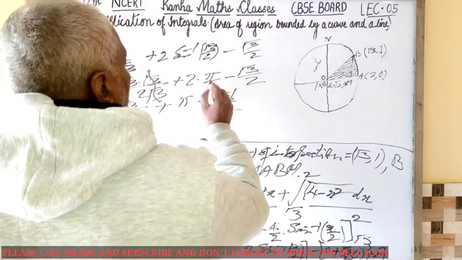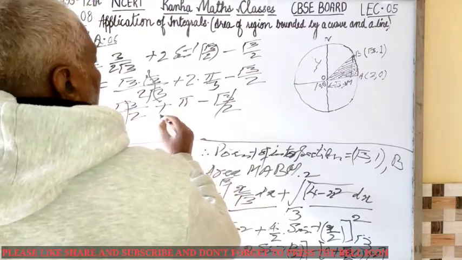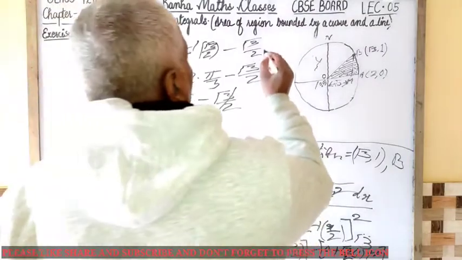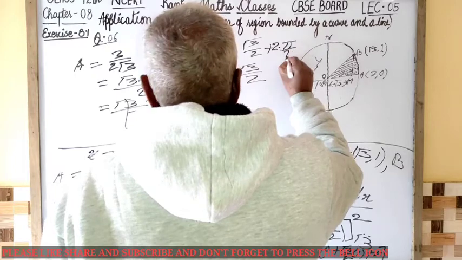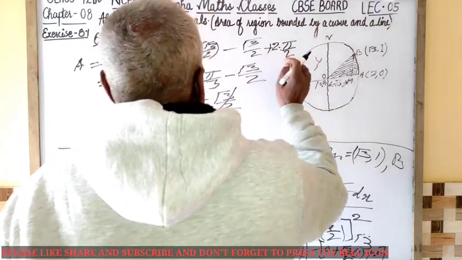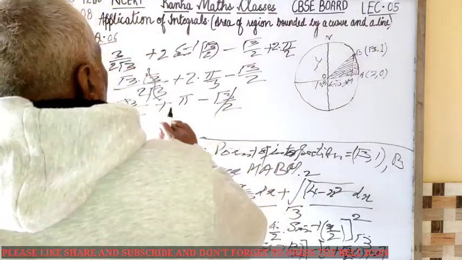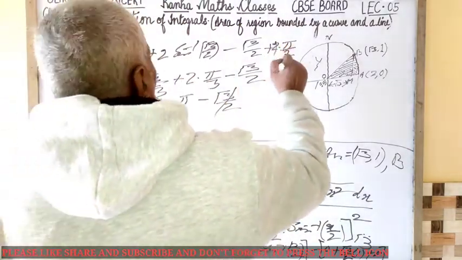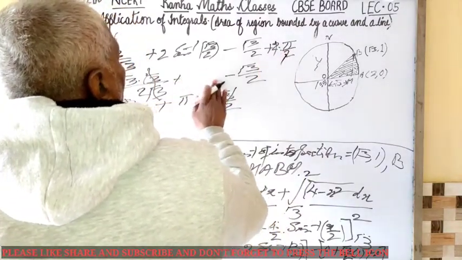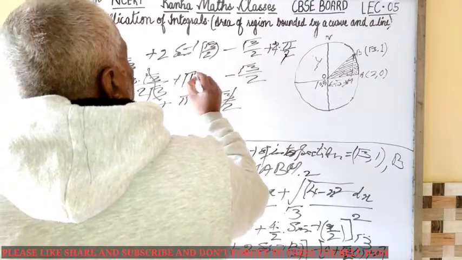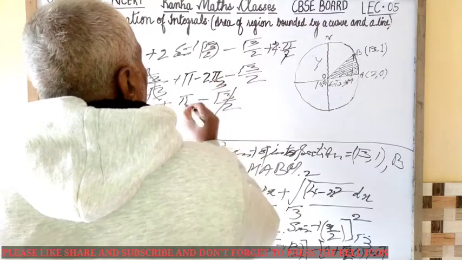So we have 2 sin inverse 1, means pi by 2 into 2, which gives pi, minus root 3 by 2 plus 2 pi by 3.